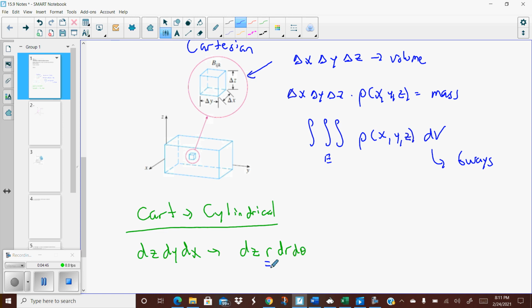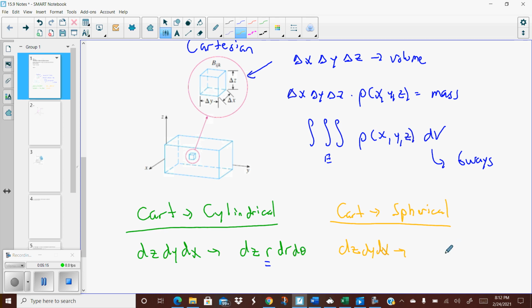So what if instead we wanted to go from Cartesian to spherical? Well, that means we're going to take some kind of a dz, dy, dx in one of those orders, and we are going to convert it into, well, we know that the spherical coordinates are done in rho, theta, and phi.